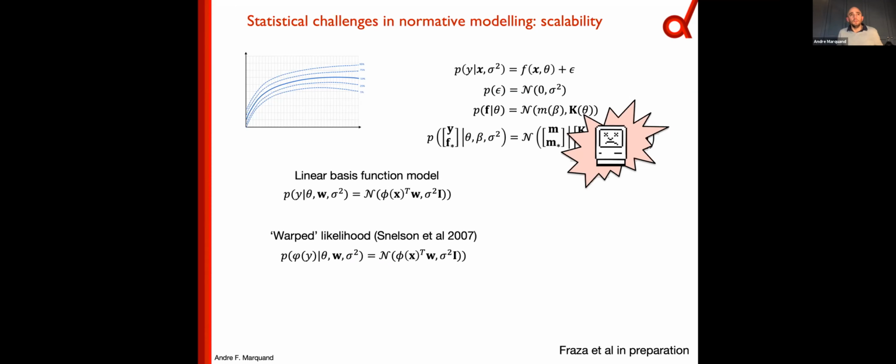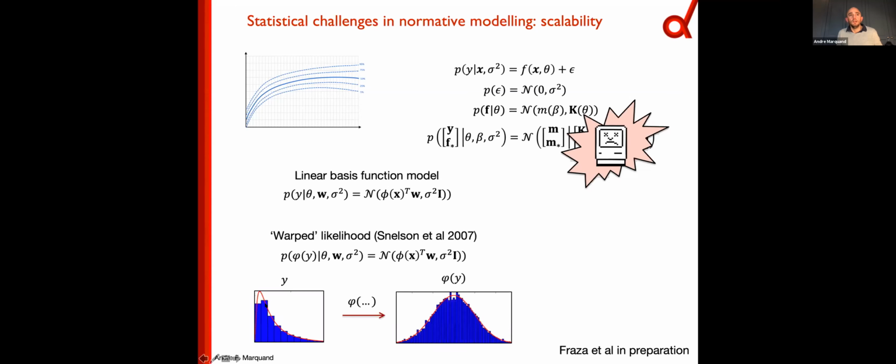The difference between this linear basis function model, where we have basis expansion, which I'm denoting by phi, and this one is that we also warp the target variables. That enables us to learn some kind of nonlinear monotonic mapping between some non-Gaussian signal and pass it through this function, and we end up with something that can be modeled in a Gaussian fashion using all the convenient machinery that we have for that in machine learning.